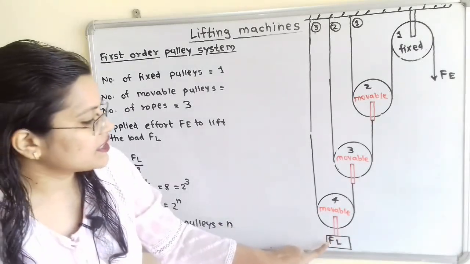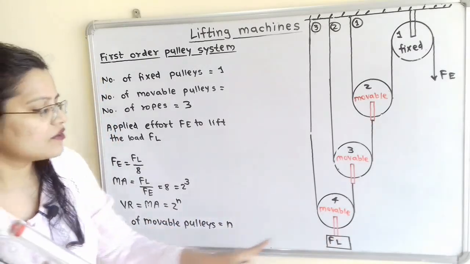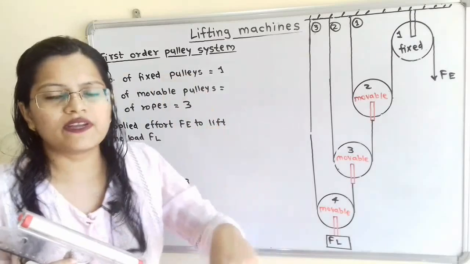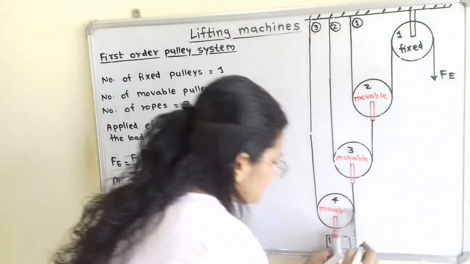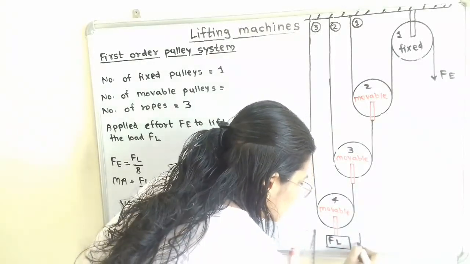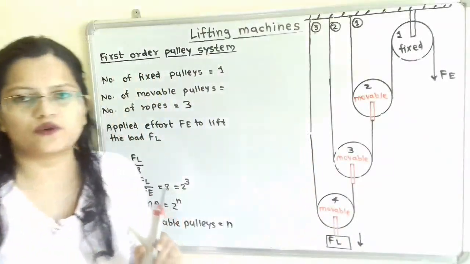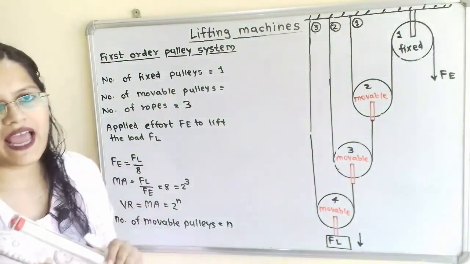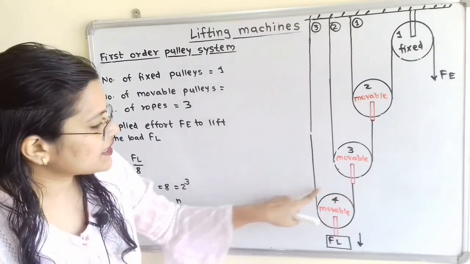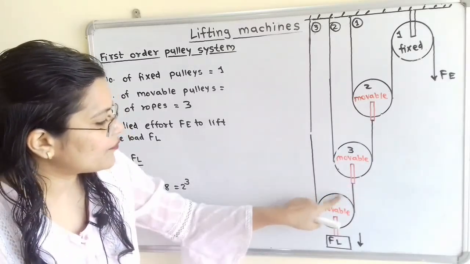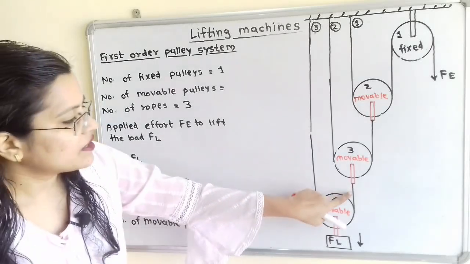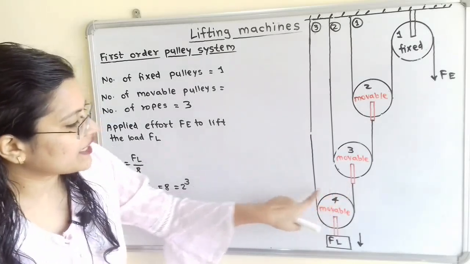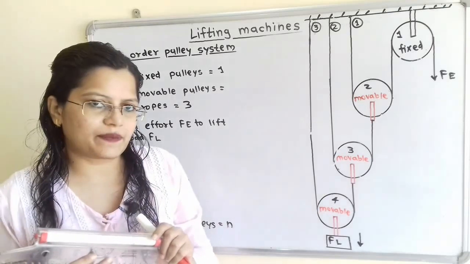Now here is the load Fl. Now this load Fl will try to move in the downward direction. So I will show the direction of movement of this load Fl. So what will happen? So tension is created in the rope which is passed over this pulley 4. But there are 2 number of ropes, that is on the right hand side as well as left hand side.